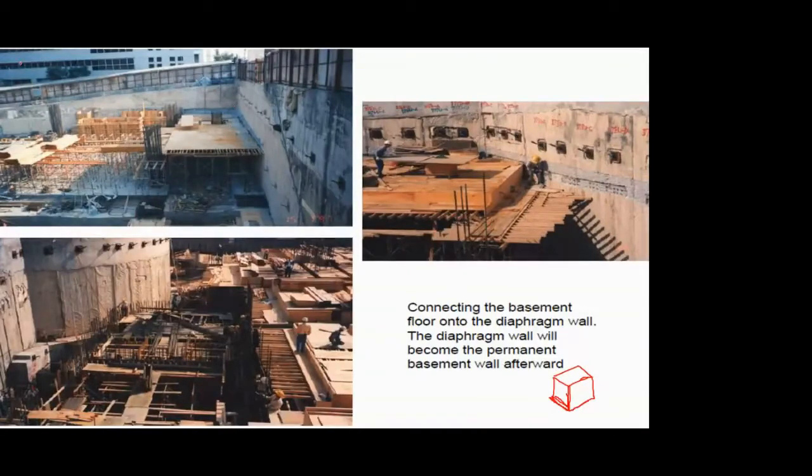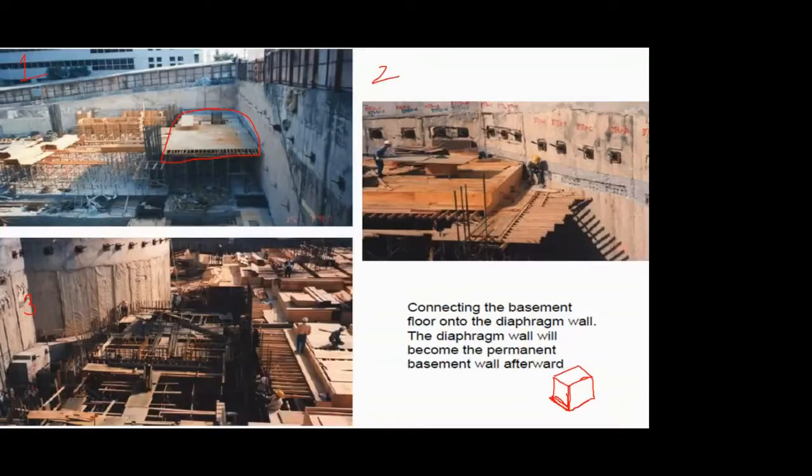And I'll just number the photos. In the first photo, the top left one, they have just connected the slab to the diaphragm wall. Two sides of this basement corner already have the diaphragm wall.